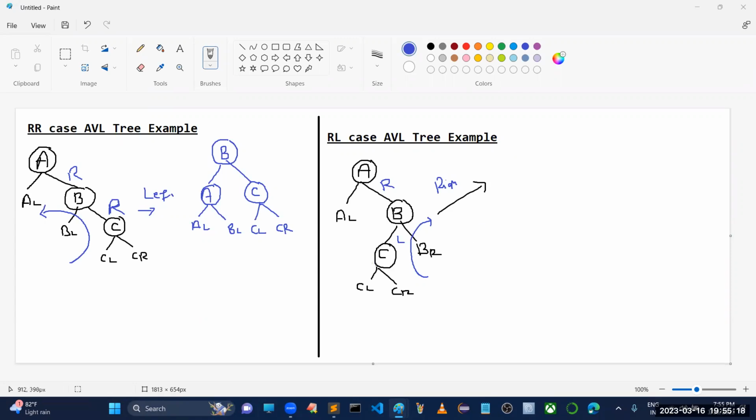ABC, right rotation we are doing. No, ACB only. No, check it once. See here.